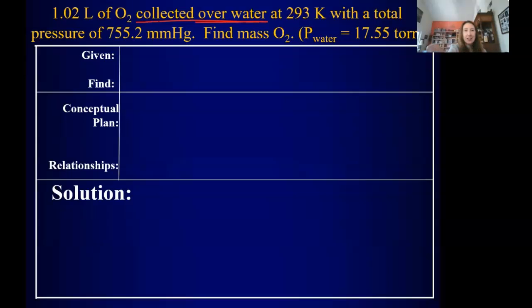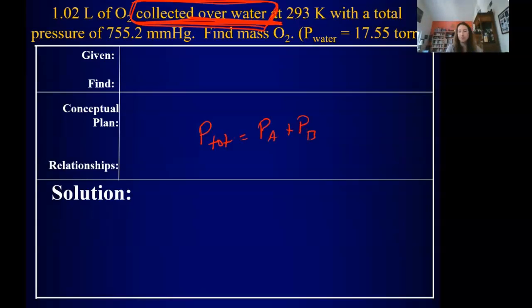Yeah, this: collected over water. When you see these words, this is a Dalton's law of partial pressure problem, right? Remember, Dalton's law says that P total equals pressure of A plus pressure of B plus pressure of whatever.